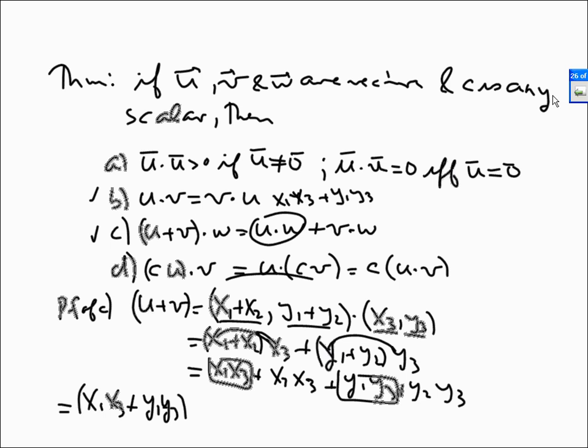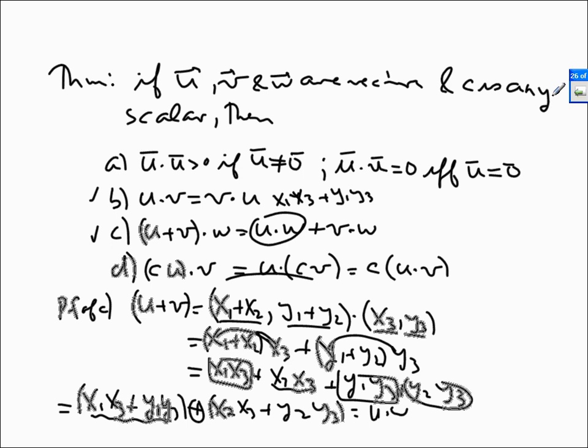I'm going to bracket that, plus what I didn't bracket, x2, x3 plus y2, y3. I'll put brackets around that. Now, this is u dot w. Plus, the next bracket is v dot w.